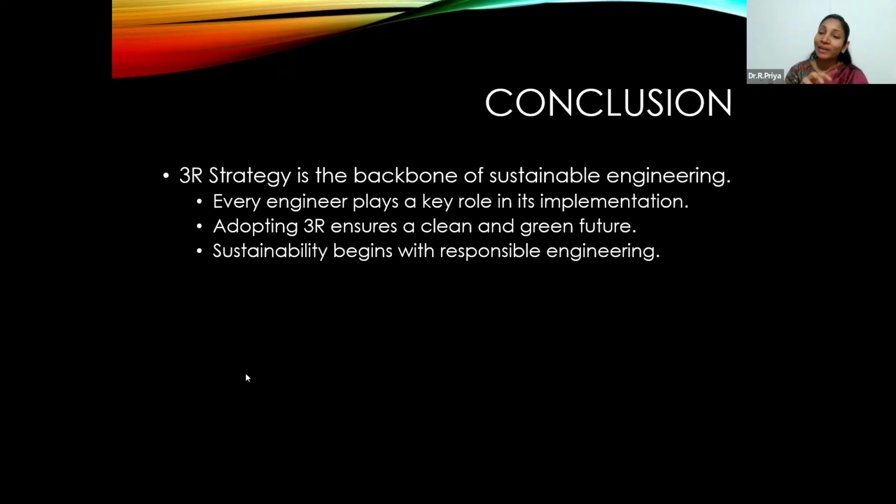The 3R strategy is also one part focused on reducing waste, but apart from that it encourages the reuse concept. Circular economy mainly focuses on recycling only, but here it is also reuse, again and again. So this is the basic difference between circular economy and the 3R strategy.